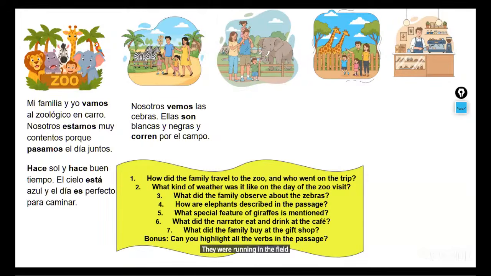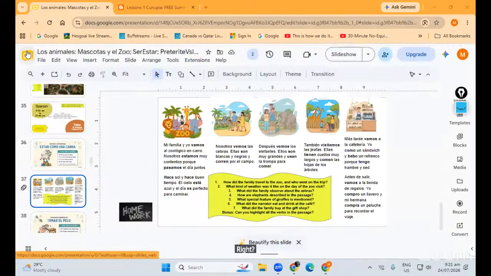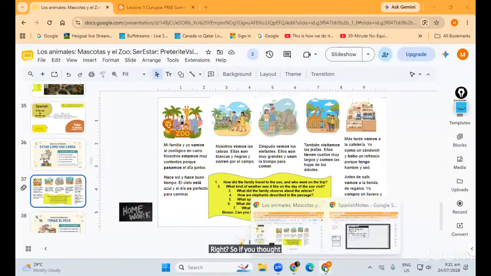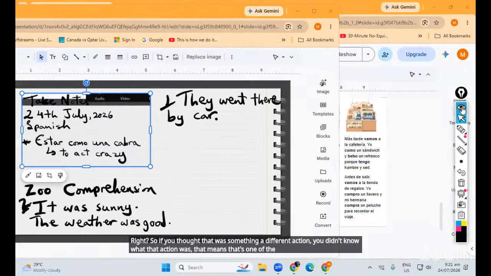Nice. Yes. Okay, I'm closing the chat for a second. So if we go back, corren comes from correr, to run. If you didn't know what that action was, that's one of the ones you would need to note. All right, so they went there by car. The family and the speaker went.